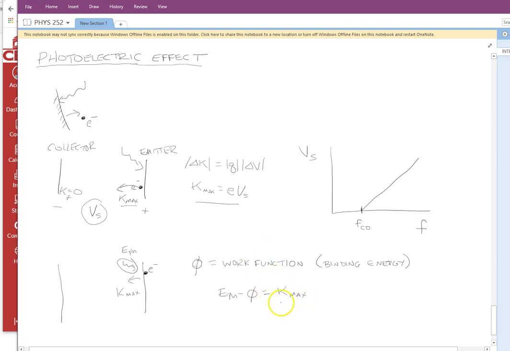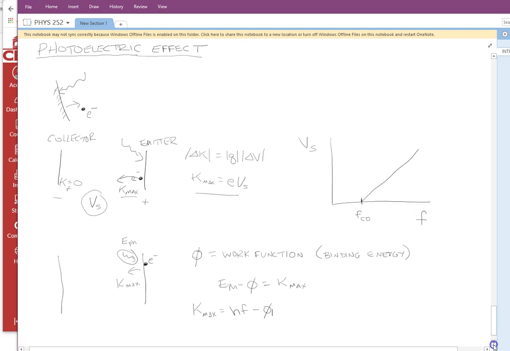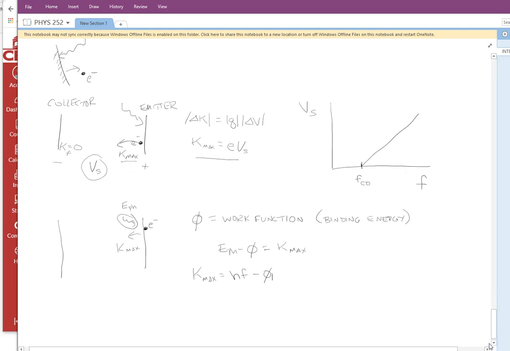Okay? All right. So if we remember that the energy of a photon, and I'm going to rearrange this equation like this, because that's how I want to write it, is hf, I have this equation. Right away, we can see that there has to be a cutoff frequency.